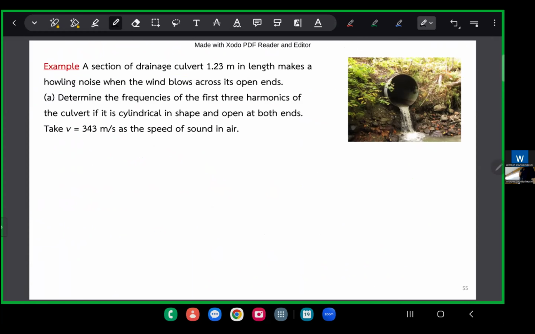But before we get to that, I hope this will remind you of standing wave every time that you drink a cup of coffee. Here we go. So a straw actually is an open end tube, okay? So you can generate sound. That is a frequency coming out of it, all right?